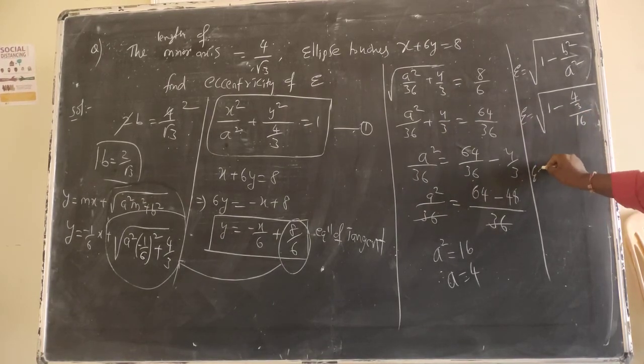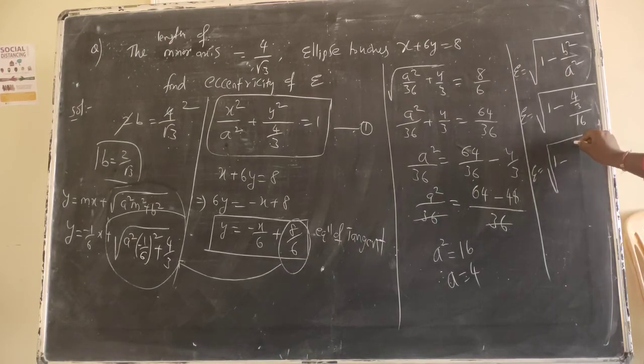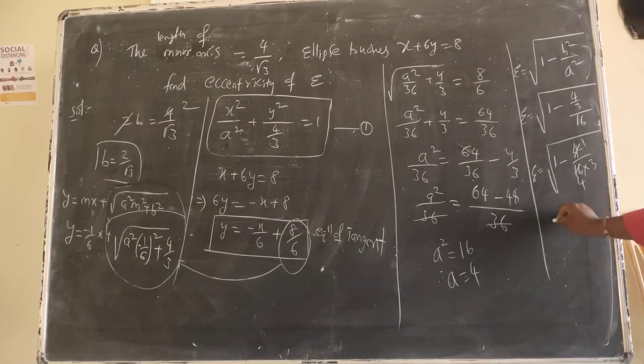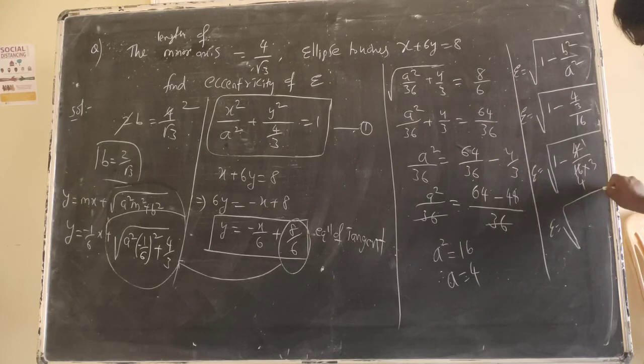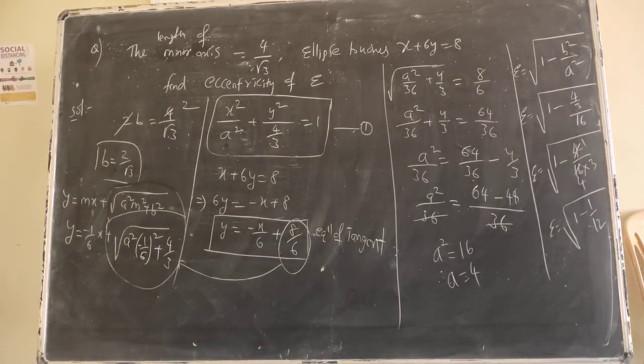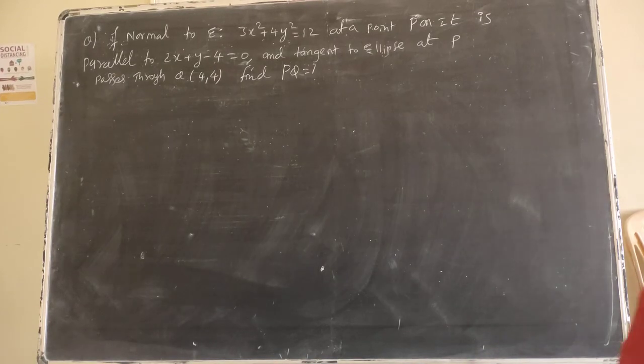So eccentricity is equal to under root of 1 minus 4 by 16 into 3. 4 ones are 4, fours cancel out. Eccentricity is equal to under root of 1 minus 1 by 12. So I am getting 11 by 12, under root of 11 by 12. That is the answer.